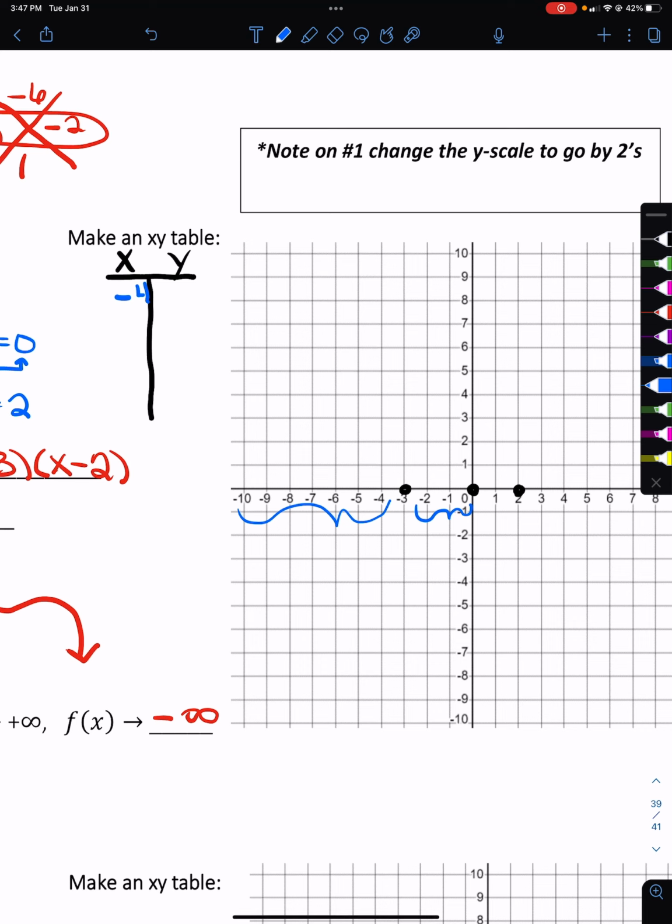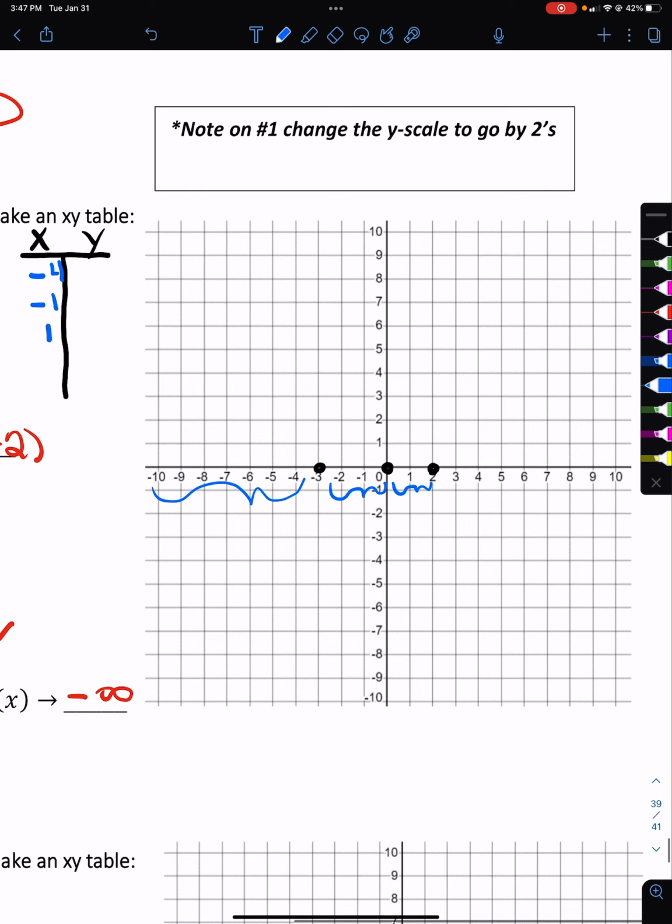So I want it to be close to one of the points, and I'm going to pick the smaller one, so I'm going to do negative 1. Then I need a point between 0 and 2. I'm going to use 1. And then I'm going to pick a number that is greater than the x-intercept of 2, and I'm going to pick 3. Now you could pick 8, but that's going to be a really big value.